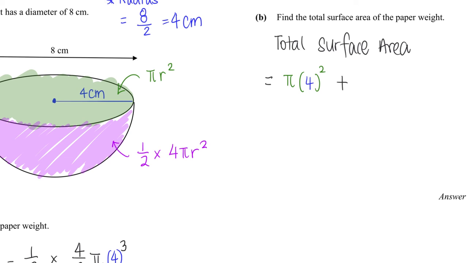And I will also need to add in the half of this 4 pi. The radius is also 4 cm squared.